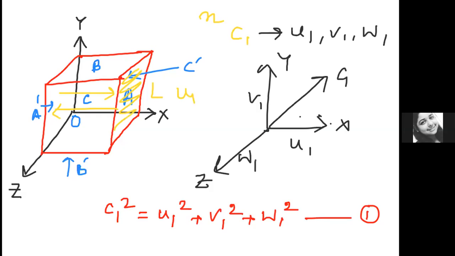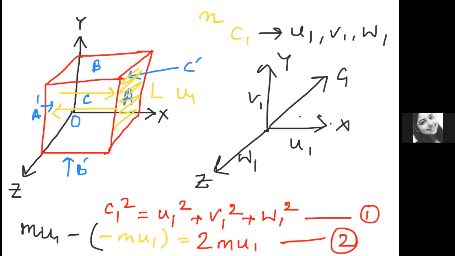If I consider the mass of this molecule to be m, then the change in momentum that has taken place during this collision would be, I'm finding out the change, so I'll take minus of mU1, why? Because the direction has been reversed, is equal to 2mU1.